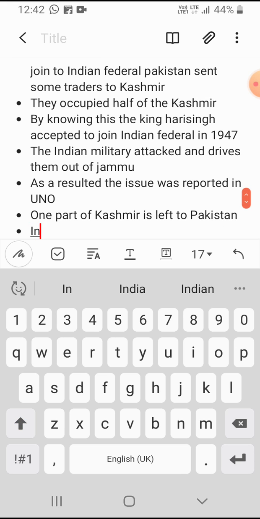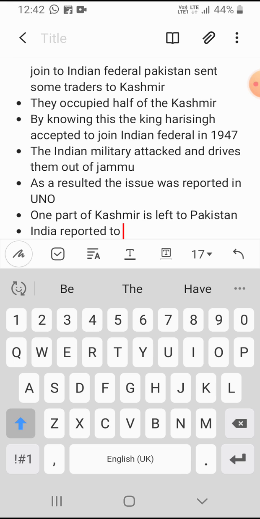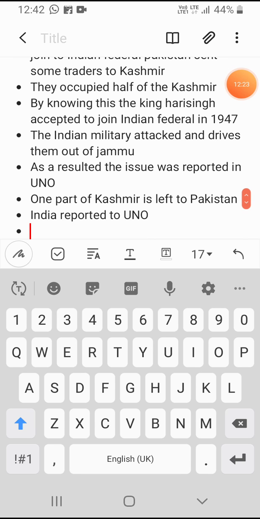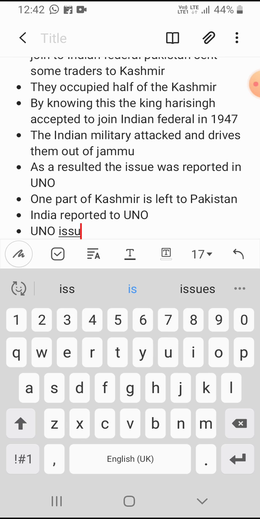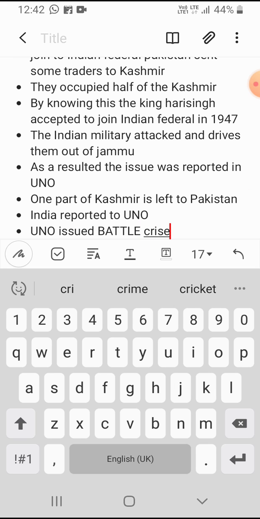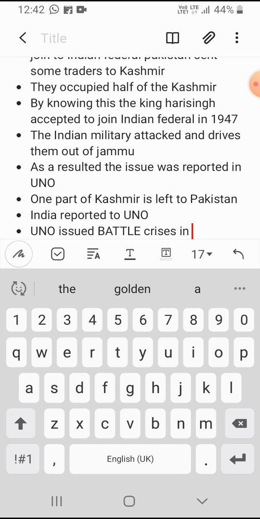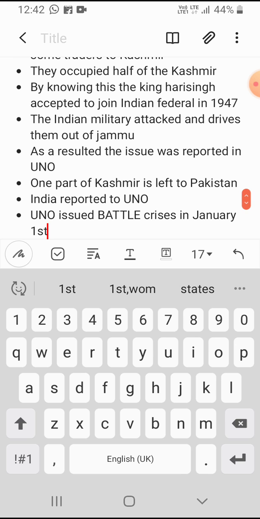So India reported to UNO, and UNO issued a ceasefire on January 1st, 1949.